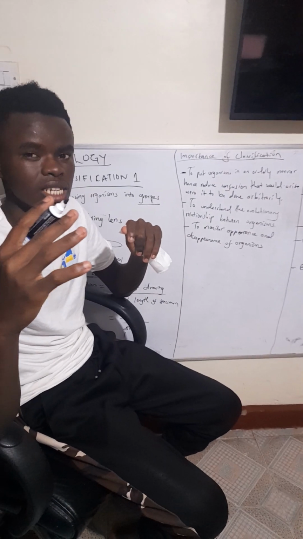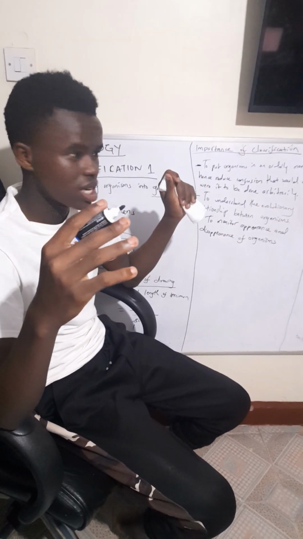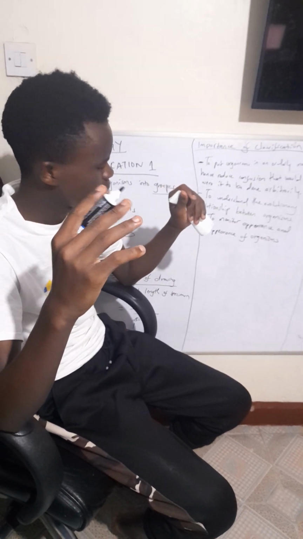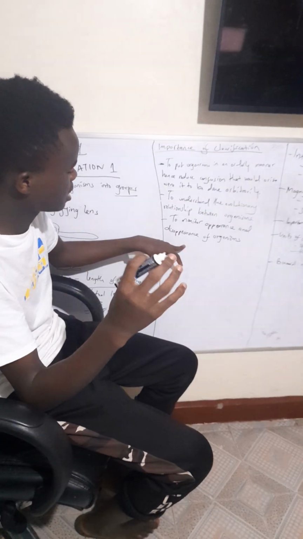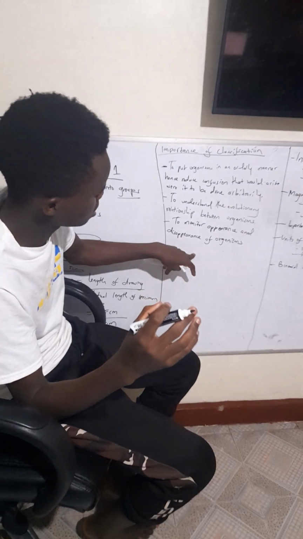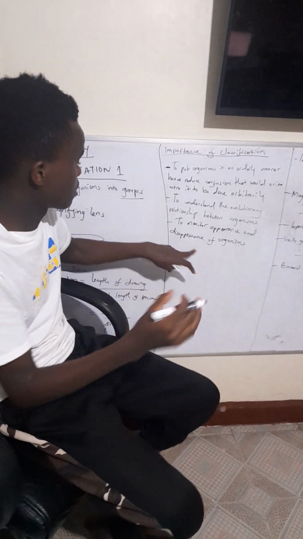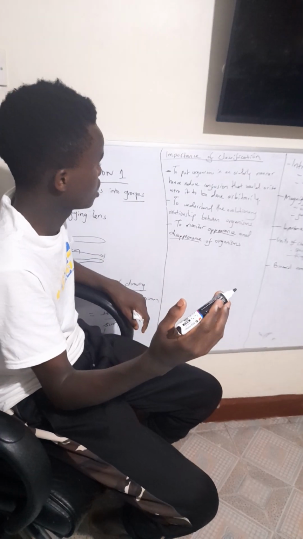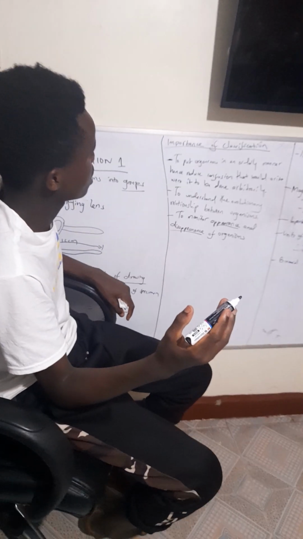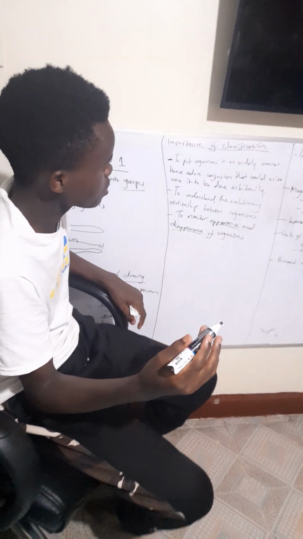So through classification, you can monitor that these organisms had been there in abundant amounts, but now it's reducing. So you can monitor the appearance and disappearance of a species or organisms. That's another importance of classification.